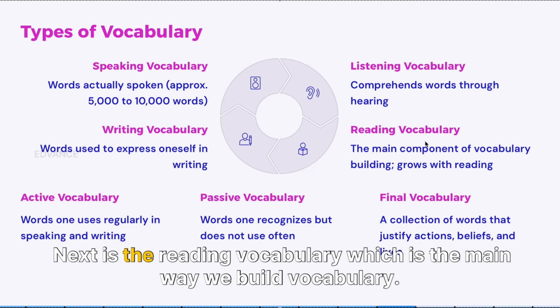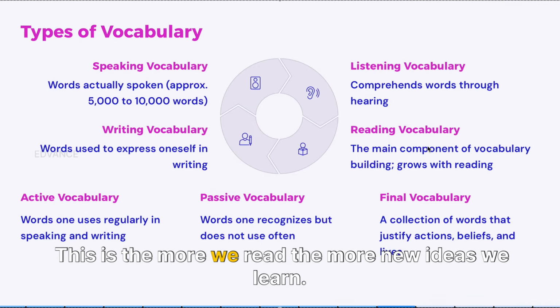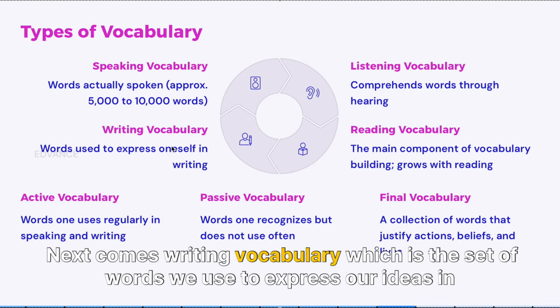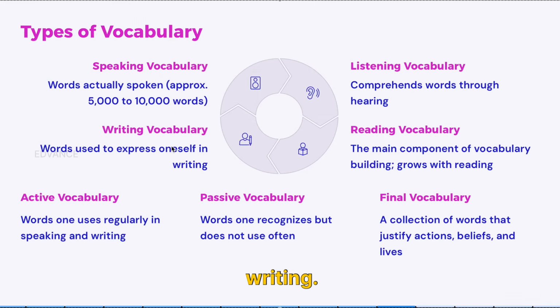Next is the reading vocabulary, which is the main way we build vocabulary, since the more we read, the more new ideas we learn. Next comes writing vocabulary, which is the set of words we use to express our ideas in writing.